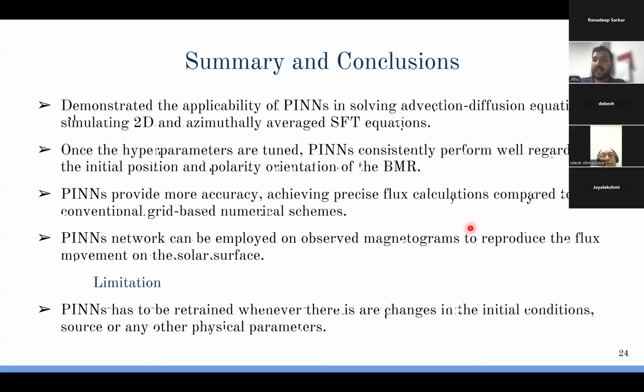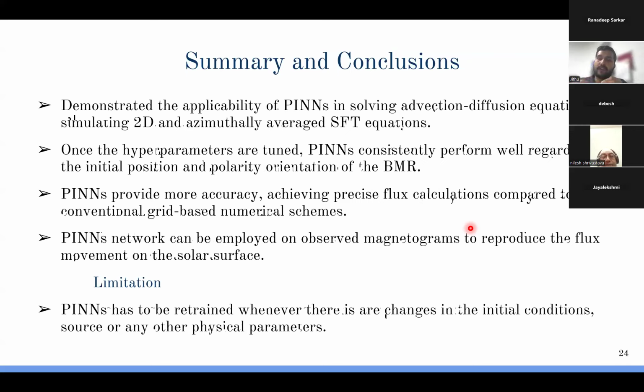One big limitation that we found was that for PINN, whenever you change any of the physical parameters, like if you want to run with another decay constant, or another value of diffusion, or another value or functional form of meridional flow, then you will have to tune this architecture completely.